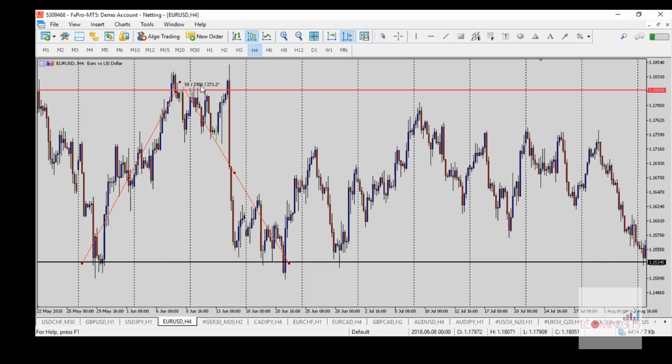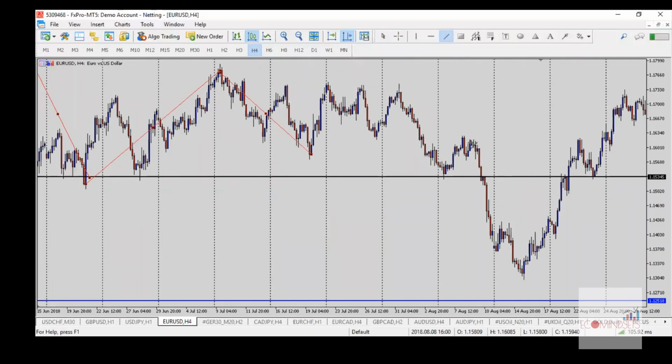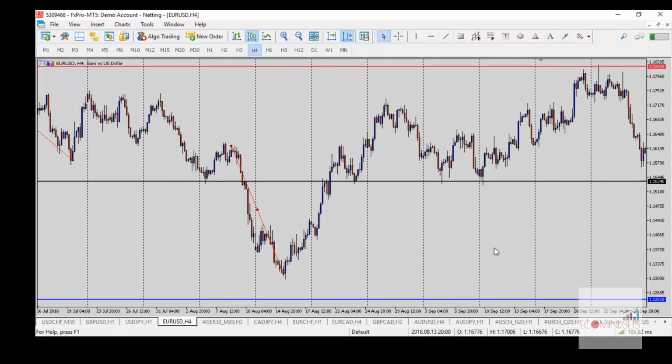Okay, from that resistance to this support once more, and price pushed up, and price has been doing this within this space till price broke out here. But what do we see?